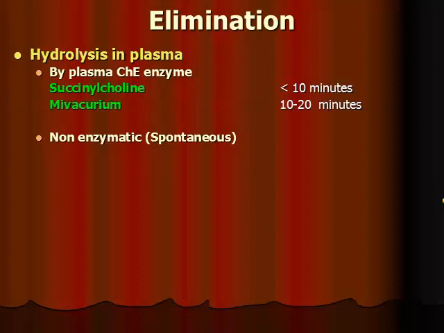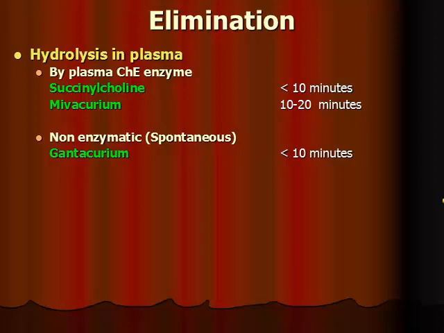The pseudocholinesterase enzyme can also metabolize the competitive drug, mivacurium. However, it has slower onset of action, and it acts for 10 to 20 minutes, due to its slower interaction with the nicotinic receptors.